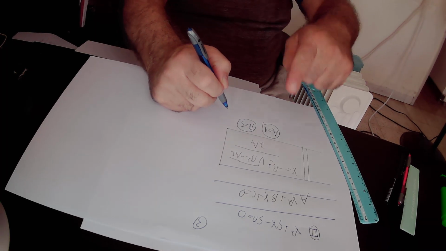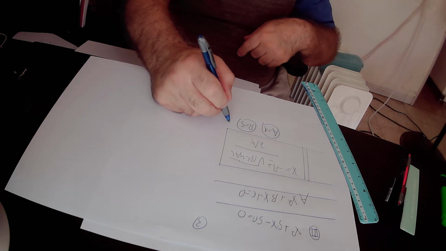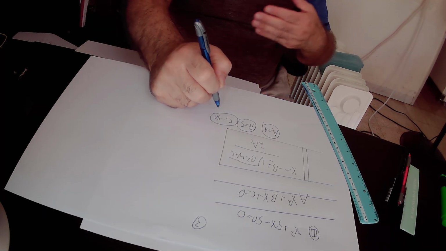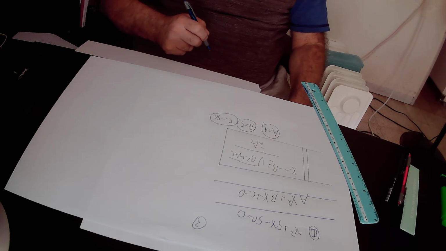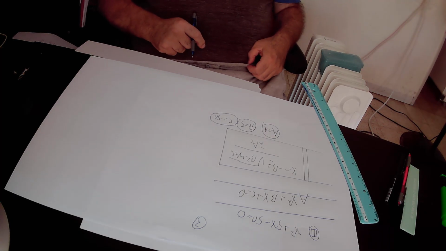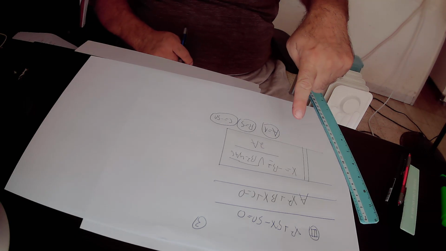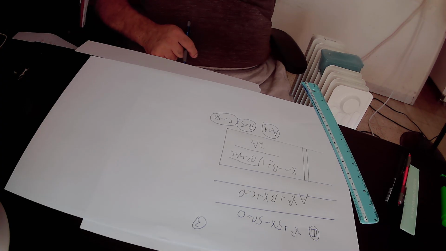And the coefficient c equals minus 50. So all that is left to do is to put the data of our specific quadratic equation inside this general formula for x.